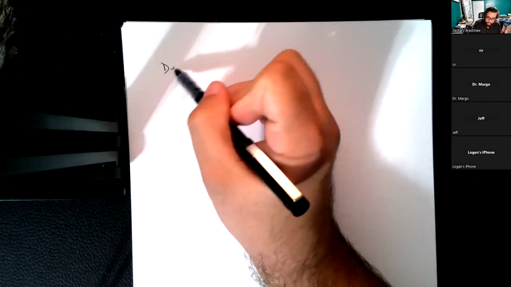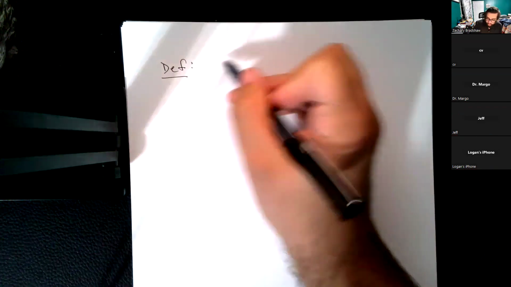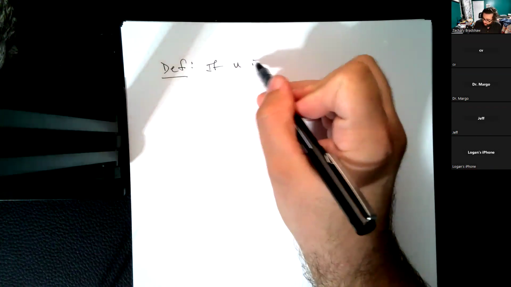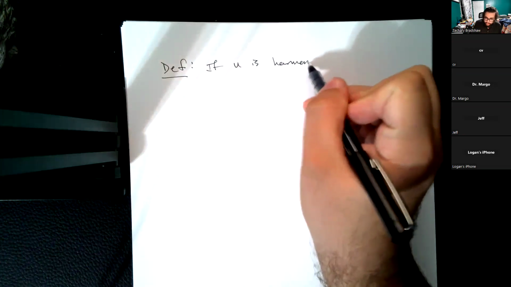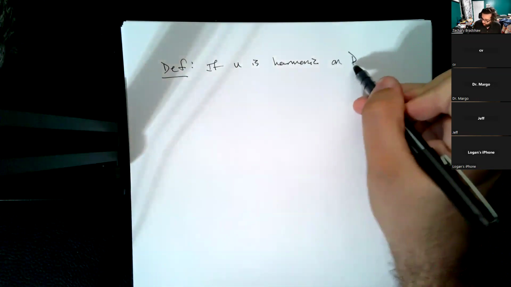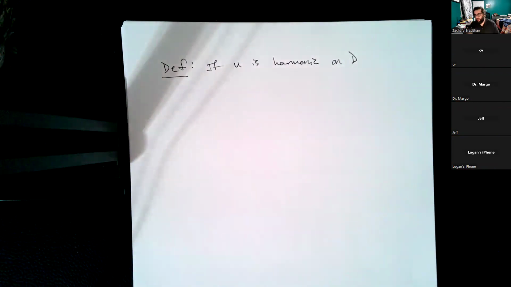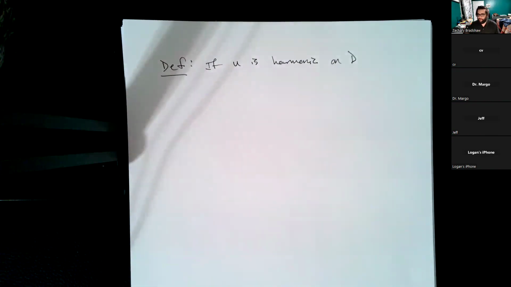So there is a relationship between u and v that I want to flesh out now. So if u is harmonic on D, so whenever I give the domain of a function, I'm going to assume that it's a domain in the technical sense. That's just we're going to assume that throughout the rest of the lectures. We're always working on domains unless otherwise specified.